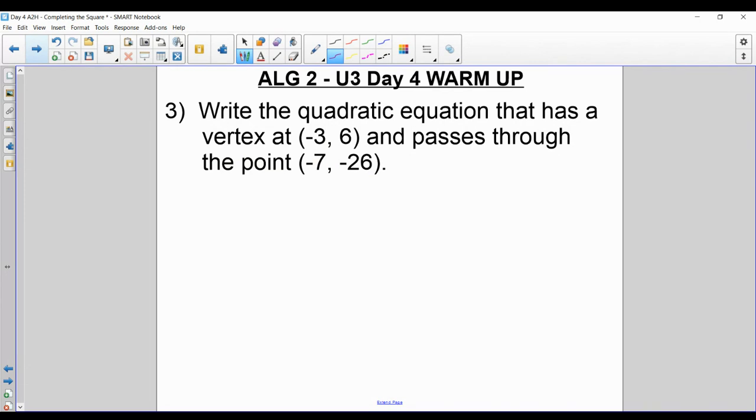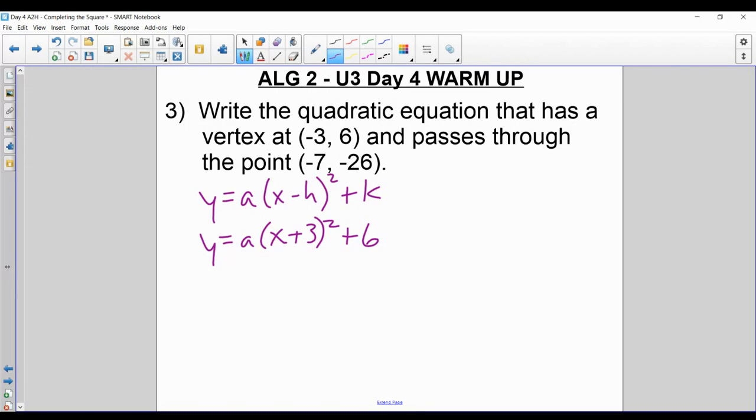Okay, if I'm writing a quadratic equation that has a vertex at (-3, 6), that should hopefully tell me I would like to think of this in vertex form. So I'm going to plug in what I know. I have x minus a -3, so x plus 3, and then I have plus 6. I also know that it passes through this point (-7, -26).